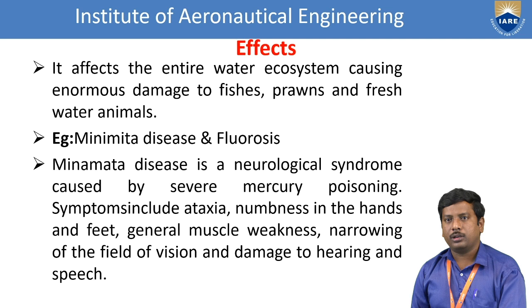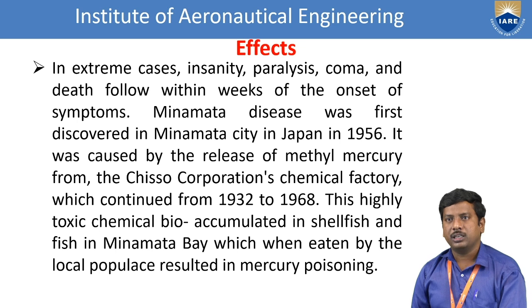So symptoms involve ataxia, numbness in the hands and feet, general muscle weakness, narrowing of the field of vision, and damage to hearing and speech. These are the main effects caused by Minamata disease. In extreme cases, insanity, paralysis, coma, and death follow within weeks of the onset of symptoms.